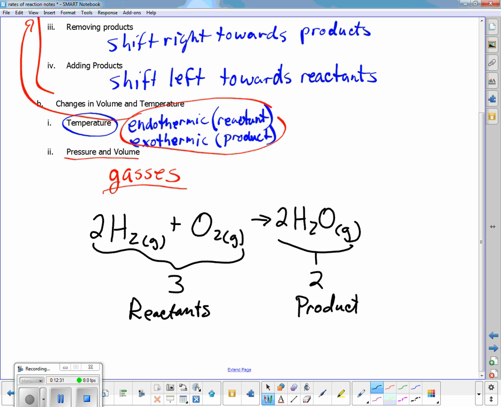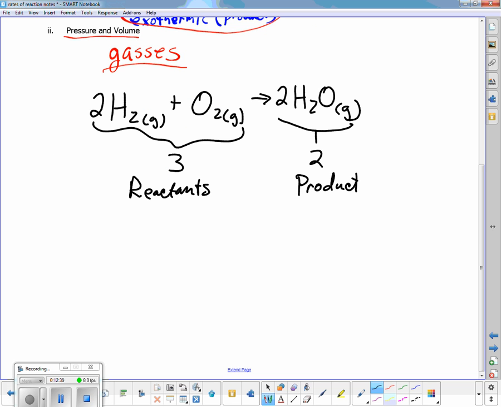Decrease the volume, less gas. Increase the volume, more gas. So let's write this down. Increased pressure, decreased volume, goes to the side with less gas.